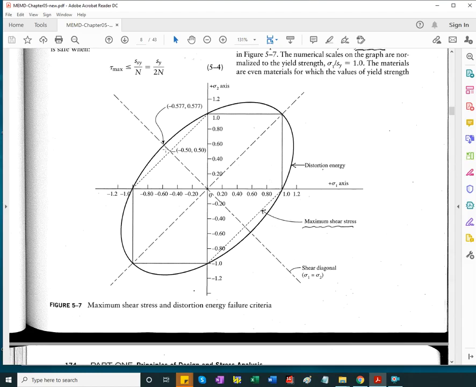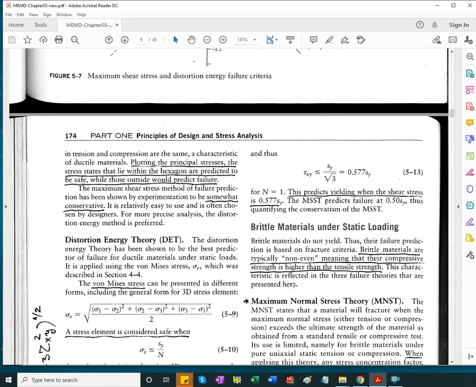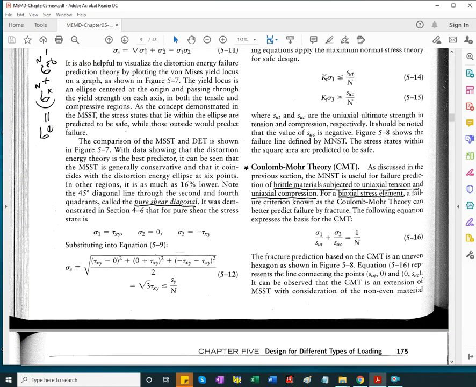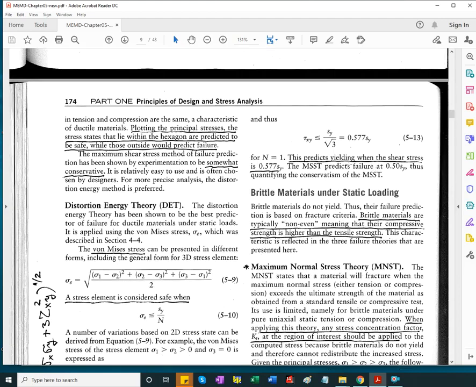For the maximum distortion energy theory, it corresponds to tau max equals the yield strength divided by the square root of 3. This is the case of pure shear loading on the shear diagonal, and the intersection with the boundary again is the yield strength over the square root of 3.